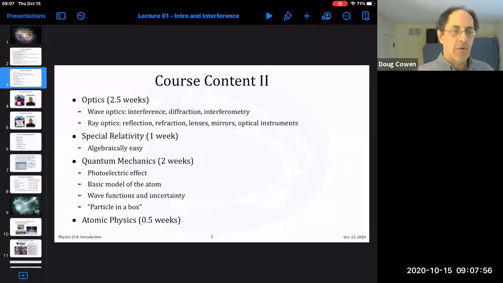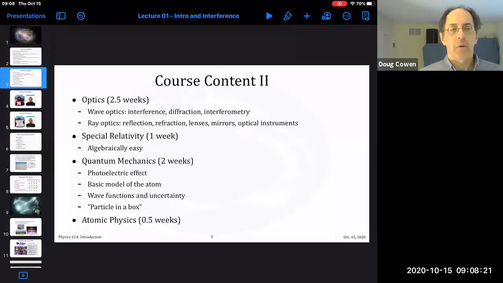So a little more specifically, the things we're going to cover for about 2.5 weeks will be optics, and this will be split up into two different pieces. The first piece will start today, called wave optics, and there we'll cover wave phenomena like interference and diffraction, and also interferometry, which is the technique that uses interference.